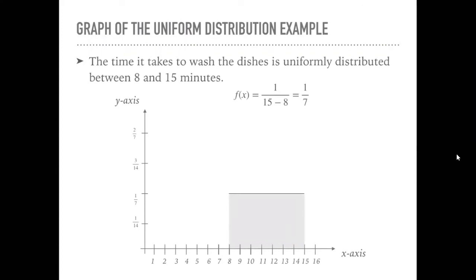This length here is 7. My height is 1/7. 7 times 1/7 equals 1. That means we have the right line drawn. Now for this distribution, instead of having what is technically called a line, we have what is technically called a line segment. So there's a starting point and a stopping point for it.